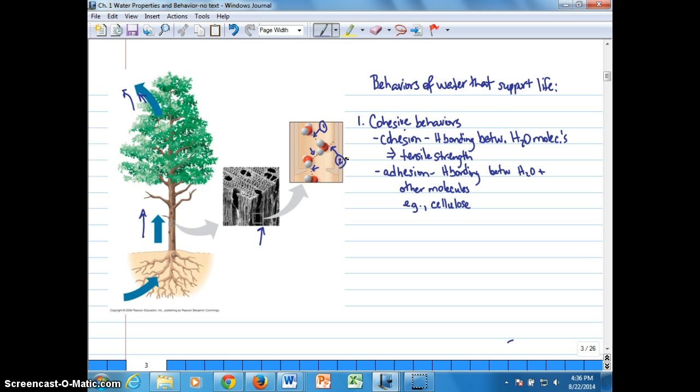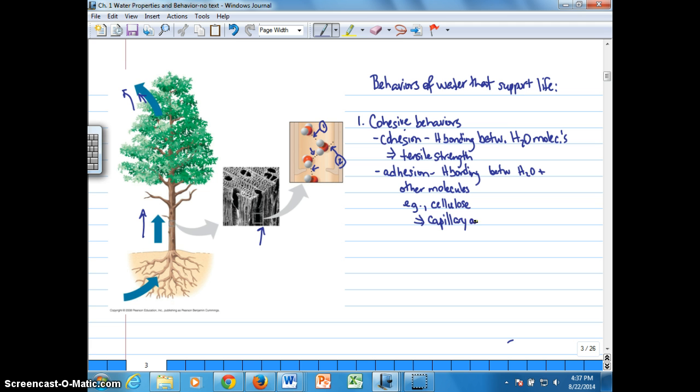Now, the advantage of adhesion is that it helps maintain the water column at the level where it keeps those water molecules from moving backward or moving down in the water column and continuing to move up. It also, because cellulose is hydrophilic, creates a wicking effect that helps to pull the water column up, and we refer to that as capillary rise.